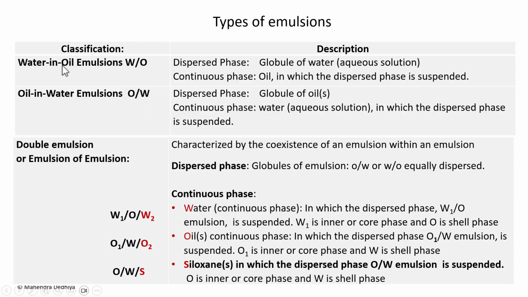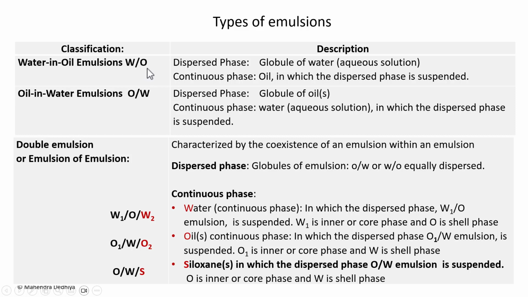So classification of emulsion, most commonly known are water and oil emulsion, generally designated by WO, aqueous system that contains water. It may have other ingredients that are soluble in water. Oil and water emulsions are designated as OW.